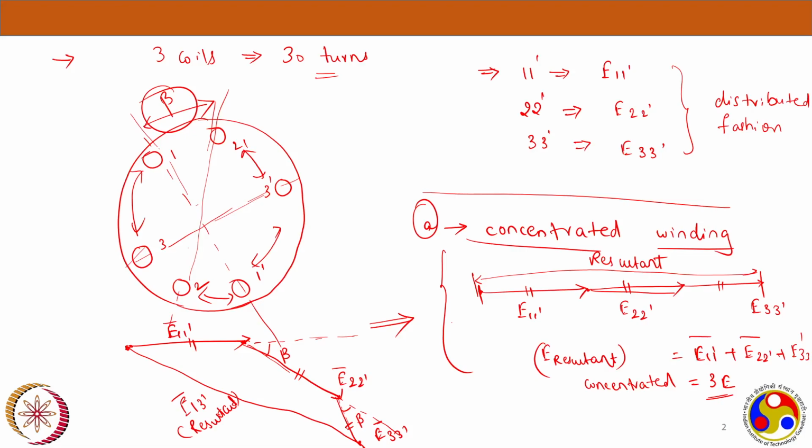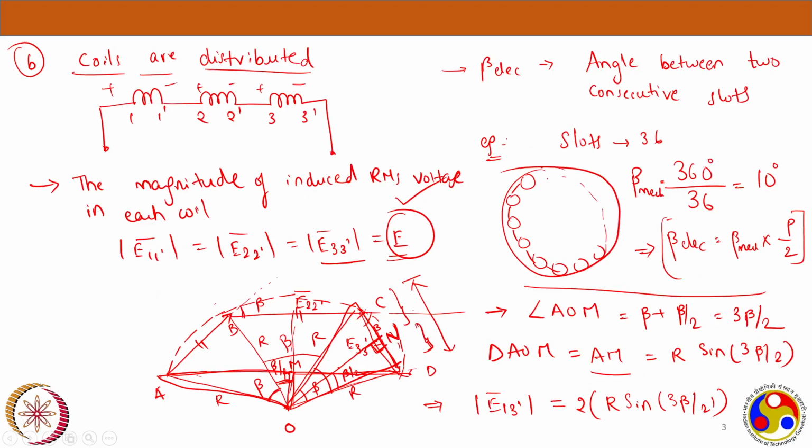It's a concentrated winding and distributed winding, and from those discussions, we understood what exactly a distribution factor is, what a winding factor is, and then the pitch factor. We saw the resultant voltages and how they are affected, with different magnitudes of resultant voltages based on the kind of winding.